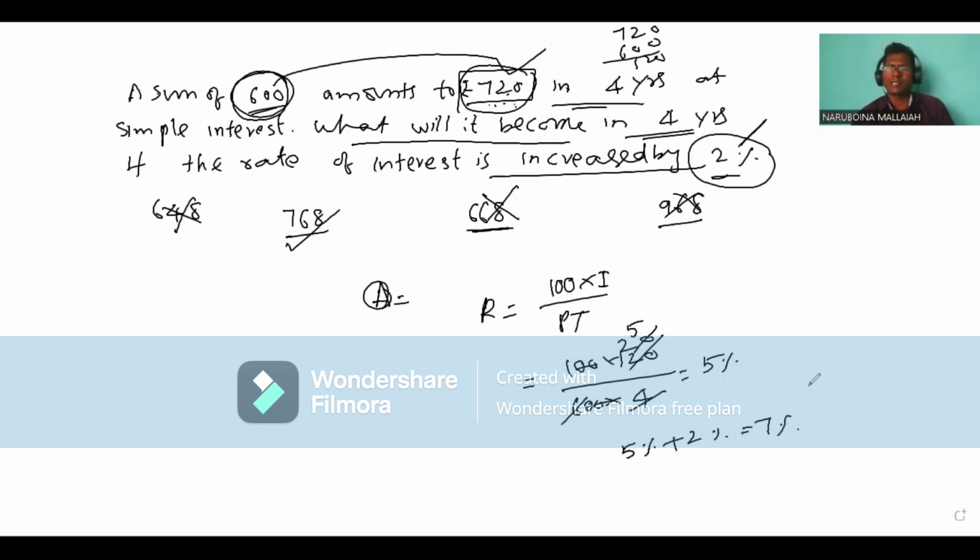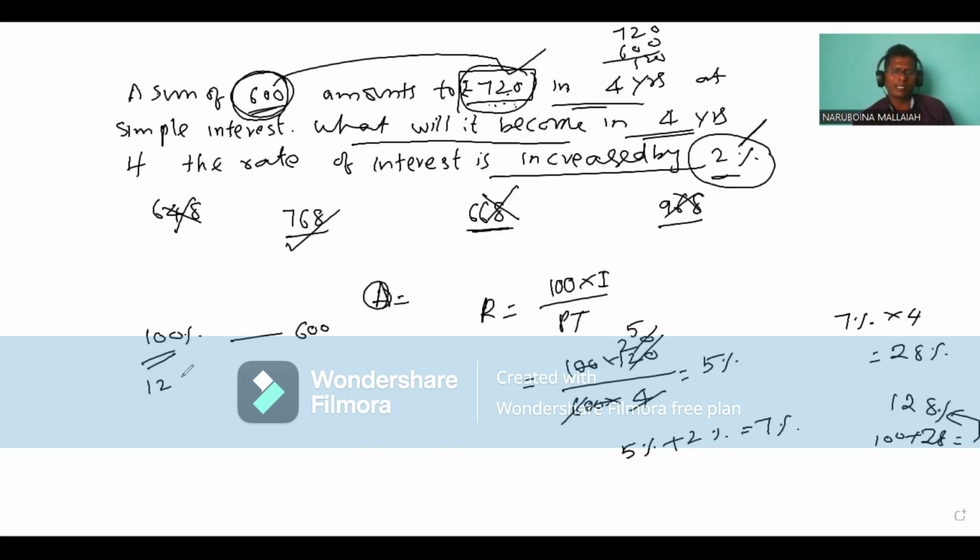Now we have to calculate the amount. Principal 100% is 600. Every year we have to pay 7%, so for 4 years we have to pay 28%. So principal is 100%, interest is 28%. That means 100 plus 28, which is equal to 128%.